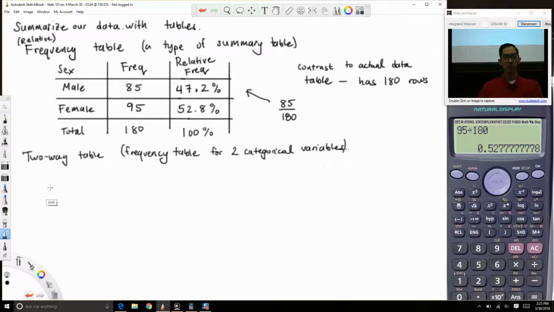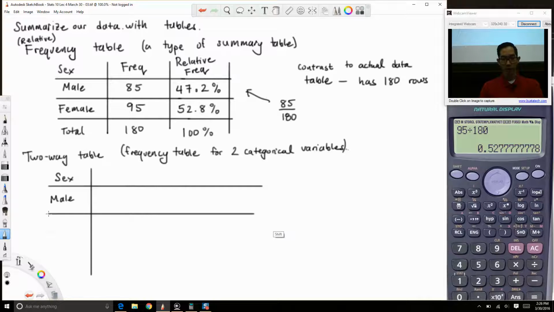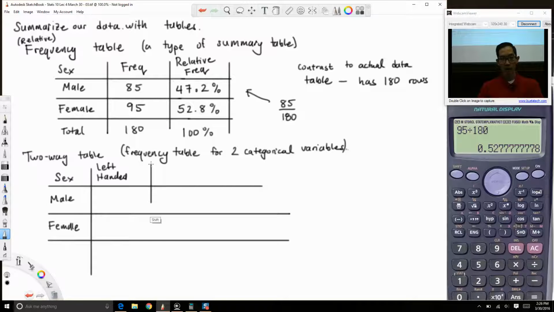Okay, and so in this case, we will have sex, male and female. And then we will have hand dominance, so we'll say left-handed versus right-handed.